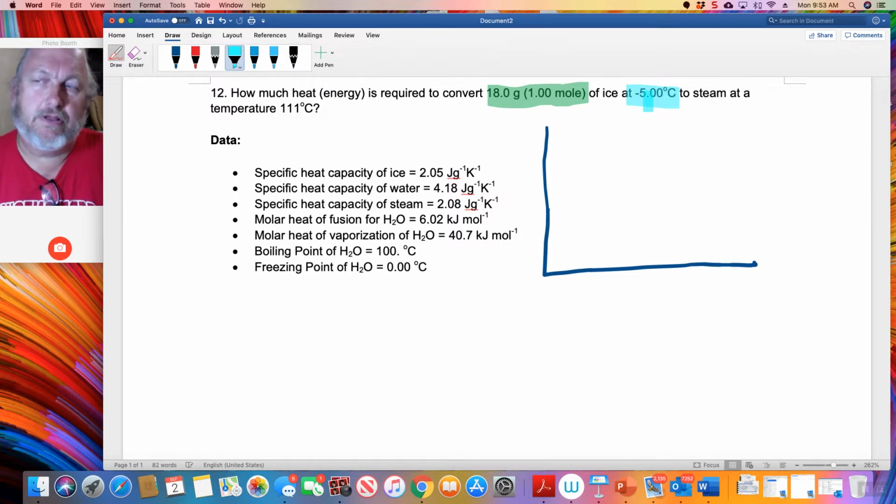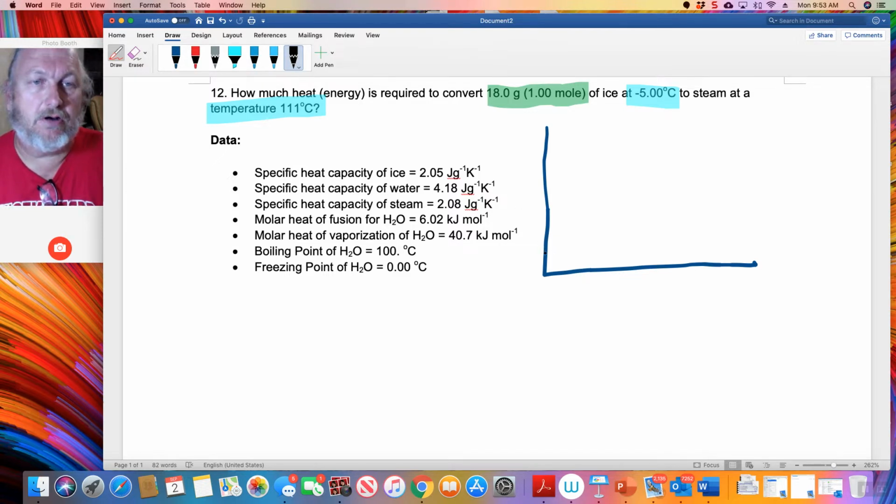Think about what we're going to do. We're going to melt the ice, heat up the liquid, and then boil it, and that steam is going to go to a temperature of 111 degrees C.